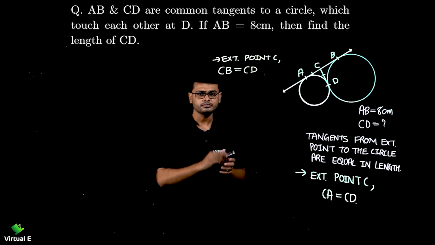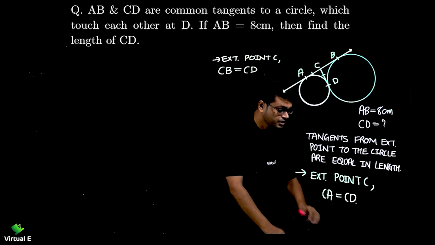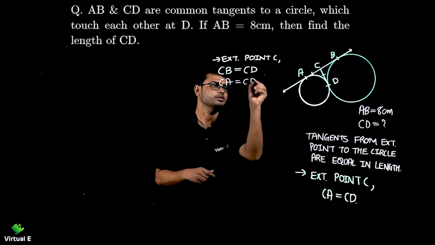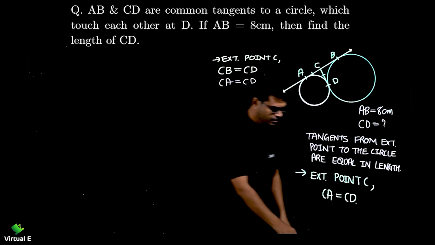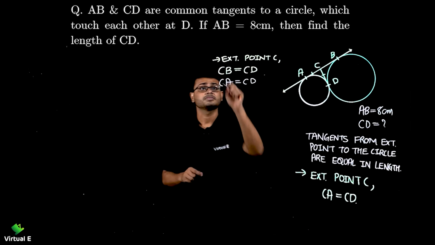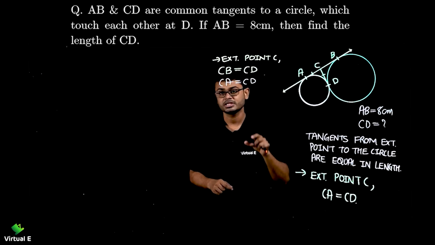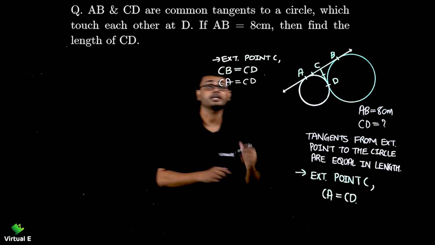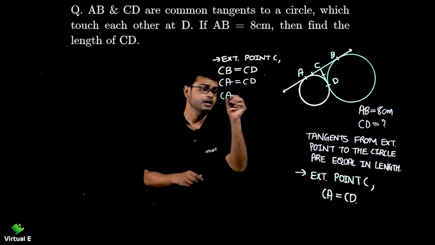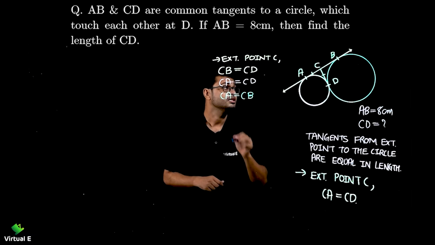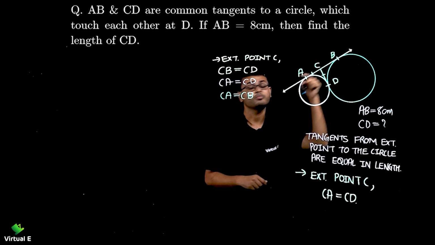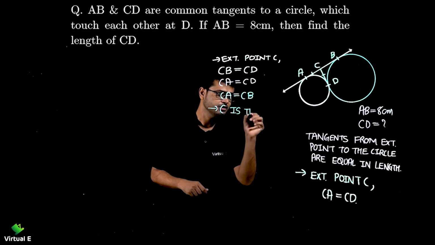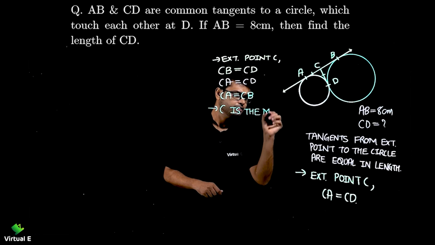Now see these two relations: CA is equal to CD, and CB is equal to CD. Both of these sides CB and CA are equal to CD. So can I write the conclusion? A very important conclusion: CA is equal to CB. So can I say that C is the midpoint of AB, right? That's the conclusion. C is the midpoint of AB.